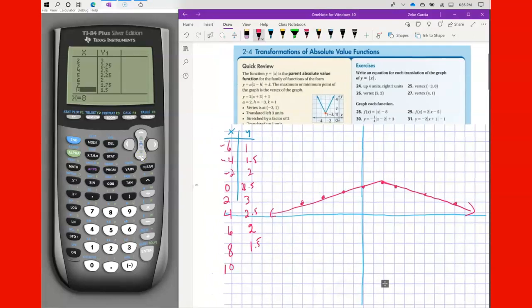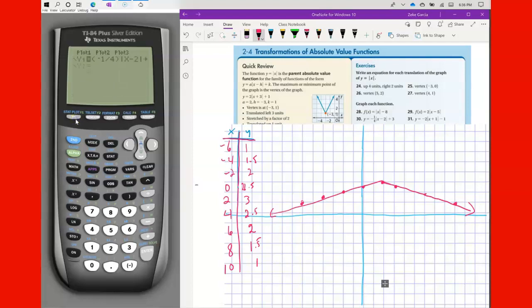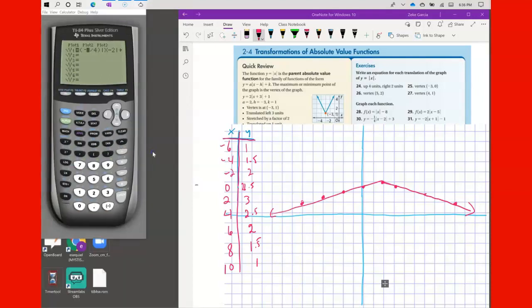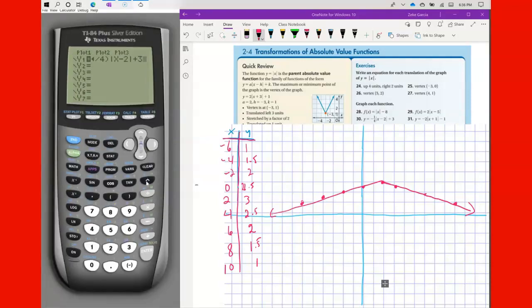And then 10 is 1. And so there's my table. So make sure you have the table and also the graph. I'm just verifying that I did graph it.